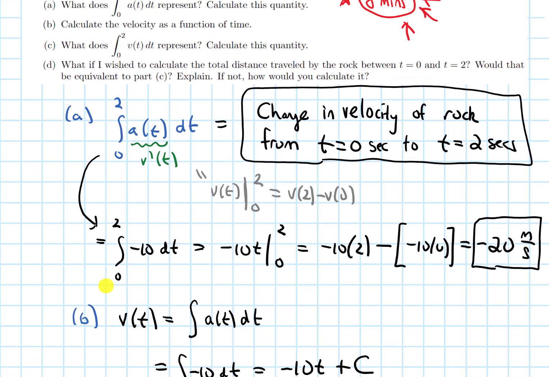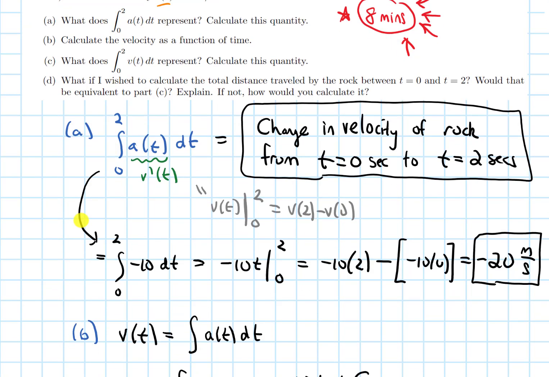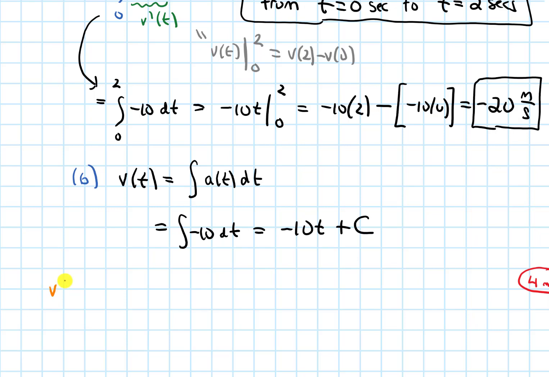I need to use the given conditions to figure out c. I'm going to use v of 0 is 15. If I plug in 0 for the time, we get v of 0 equals negative 10 times 0 plus c.